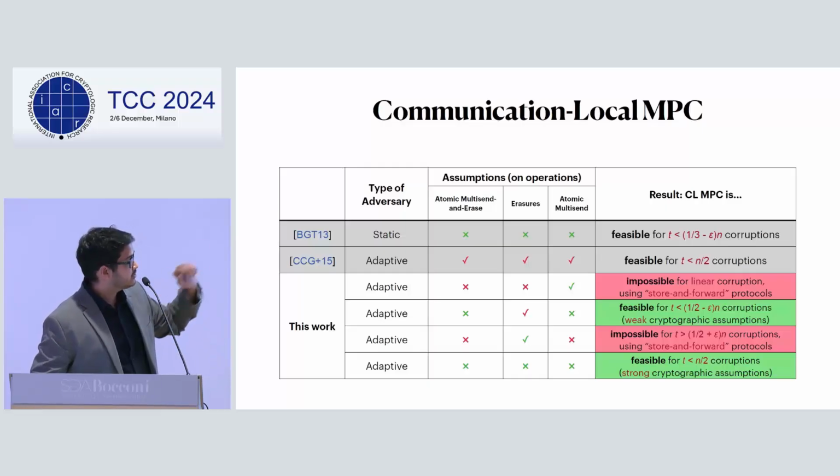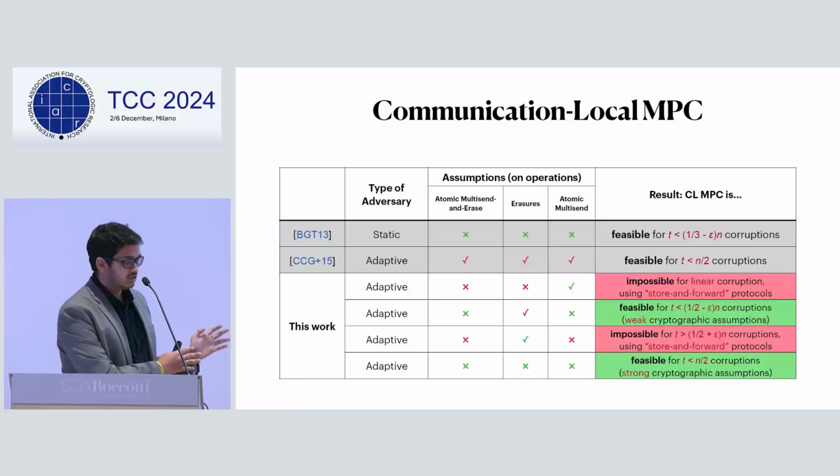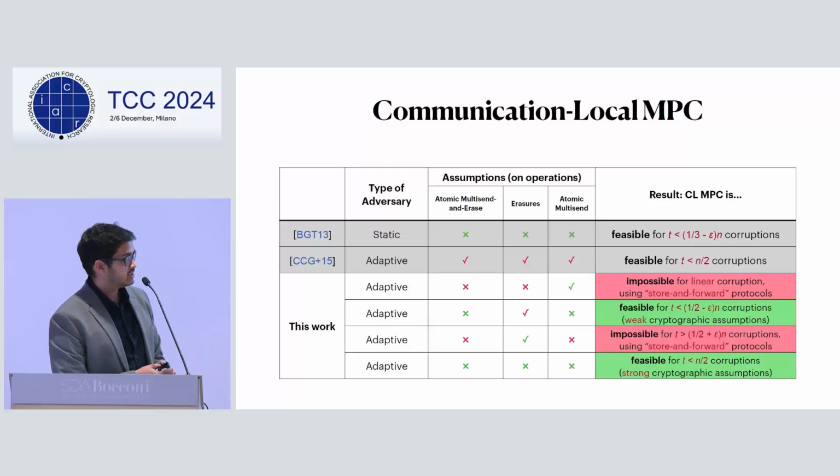What we do in this work is we break down this atomic multi-send and erase assumption into separate assumptions, an erasure operation and an atomic multi-send operation, and we prove these 4 results.